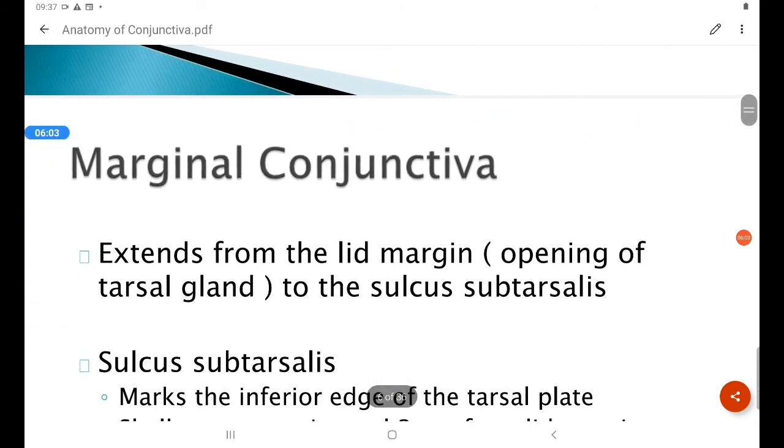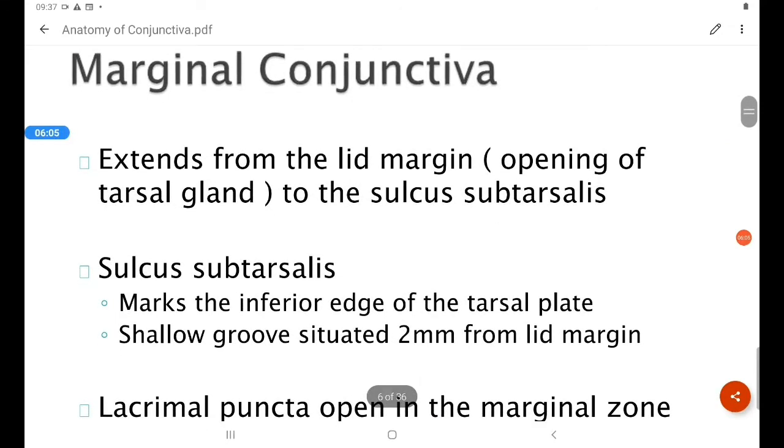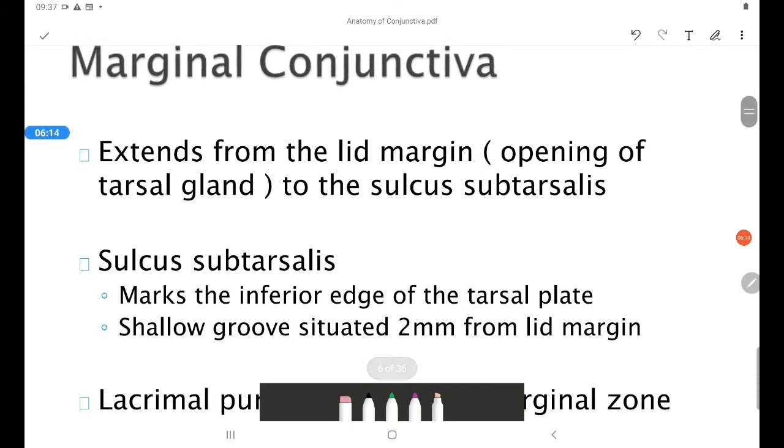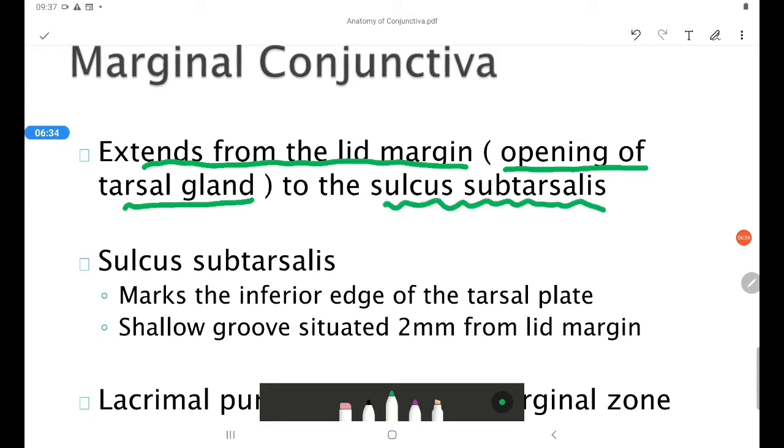And with regard to the marginal conjunctiva, we should know that it is the part that is extending from the lid margin, and this is very important, it ends, or if you are thinking of it from anterior, it is starting at the opening of the tarsal gland or the meibomian gland, and it is extending up to the sulcus subtarsalis.